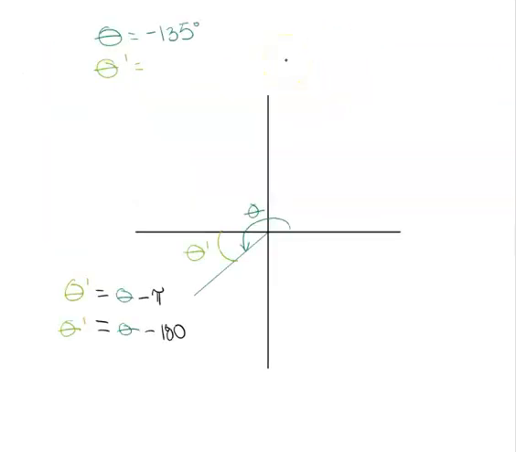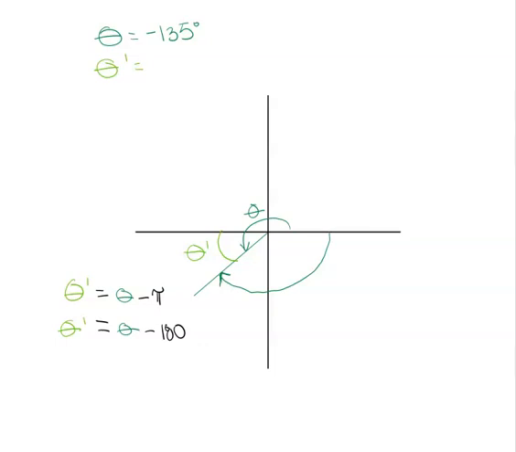Now let's see if we can find the reference angle when theta equals negative 135 degrees. That means we are going in the negative direction to land right here in the third quadrant. But we need to figure out what negative 135 degrees is coterminal with when theta is positive.